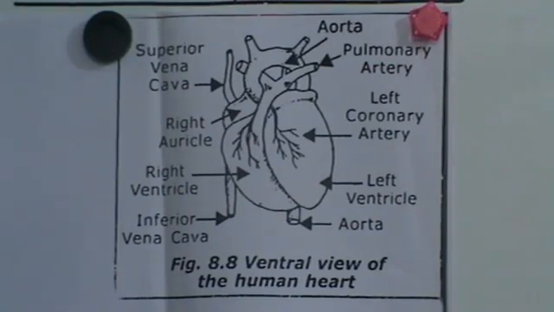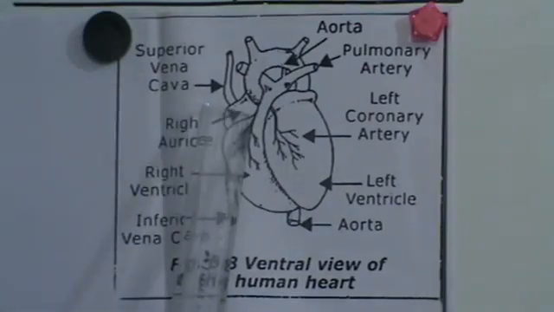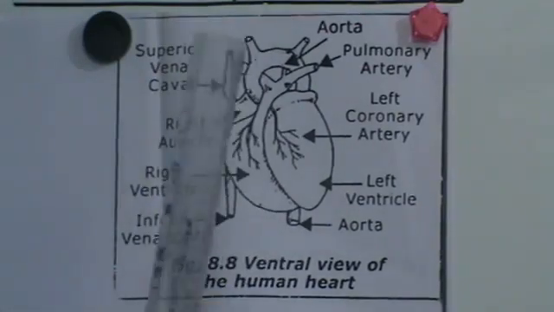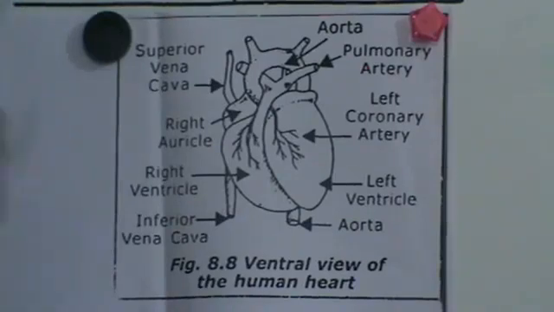The coronary artery forms a network of capillaries over the heart muscles. So let's just go through the ventral view again, guys. Now, when we see the ventral view of the human heart, what are the various things that we see? The human heart is made up of 4 chambers. It is made up of 2 small thin-walled chambers called the atria. This is the right auricle, and you have the left auricle on the other side.